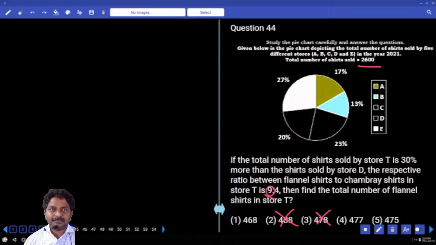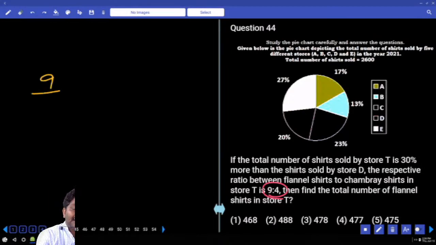Now there is one more weapon. What is your initial number? What is 1%? 20. It's a 13 multiple. Whatever percentage you calculate on 13, it's again a 13 multiple only. So your final answer also must be a 13 multiple. Finally, how many parts do you have? 13 parts.